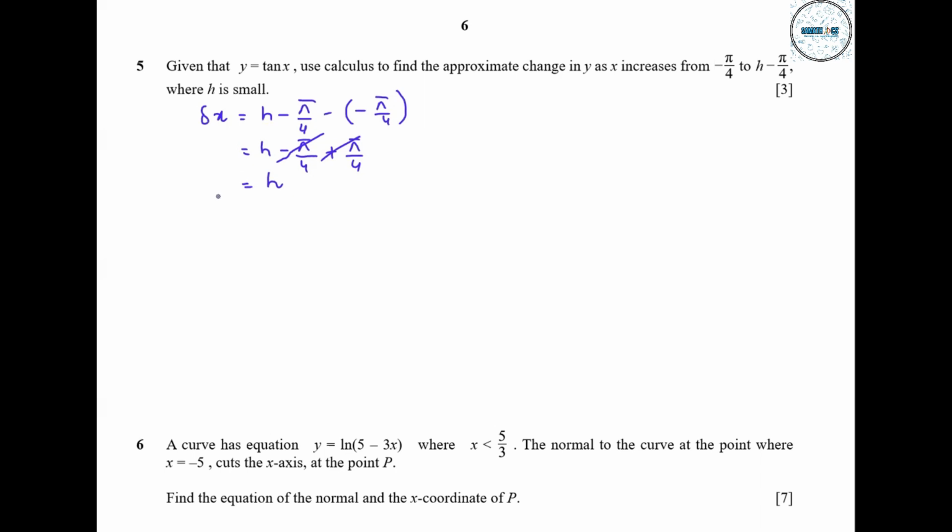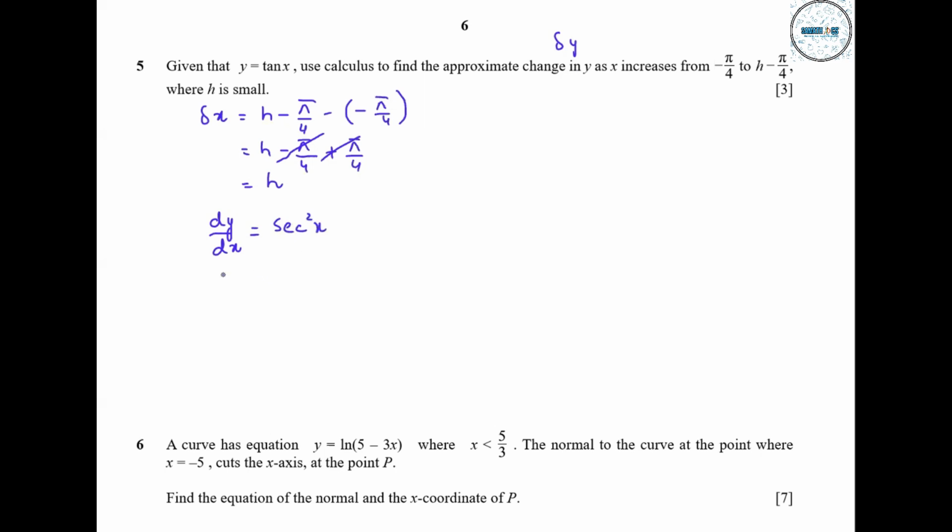Now we have to find out dy upon dx. And then finally, we have to find out approximate change in y, which is delta y. So for dy upon dx, we will differentiate this. When we differentiate tan x, we get sec square x.